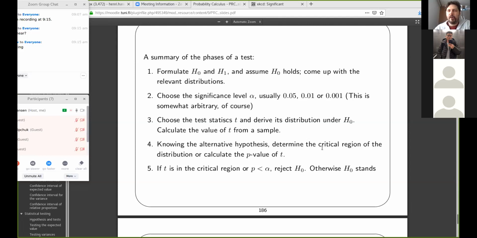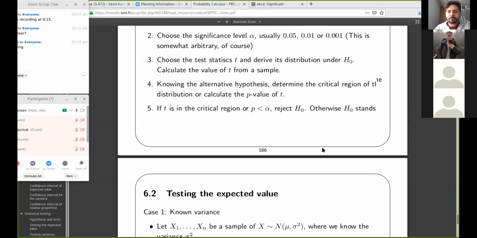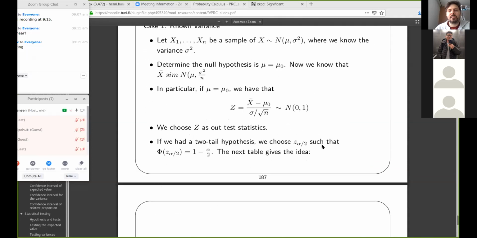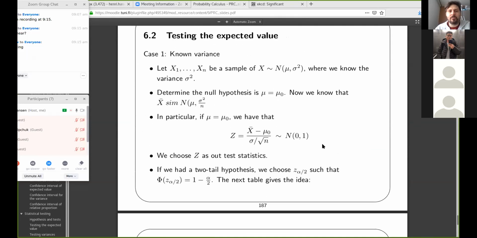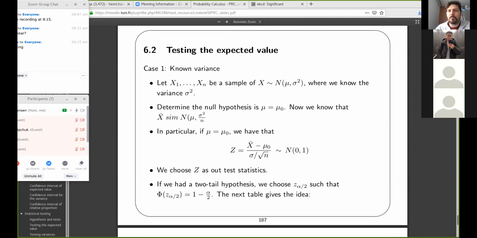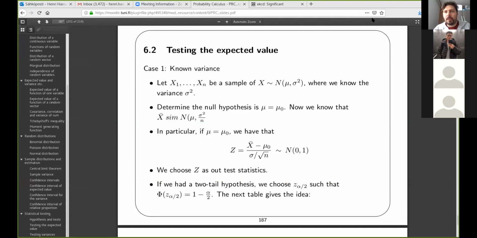I'm sorry for my yawning. So we talked about testing the expected value a little bit. There were some typos here. I did fix them in one version, but this one I didn't upload yet. Let me revert to the one that I have on my laptop, because it's better.